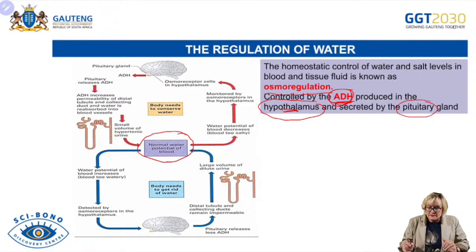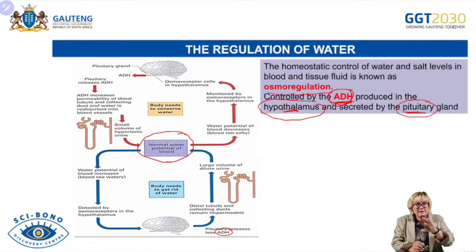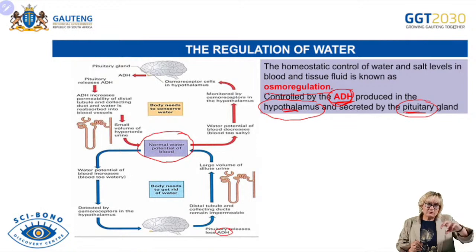So what happens? The pituitary gland will secrete less ADH. Why? Because the distal tubule and the collecting ducts will remain impermeable to water. So the water in them will stay there and it will go to the urine. So you're going to get rid of the extra water because it's going to be part of the urine.